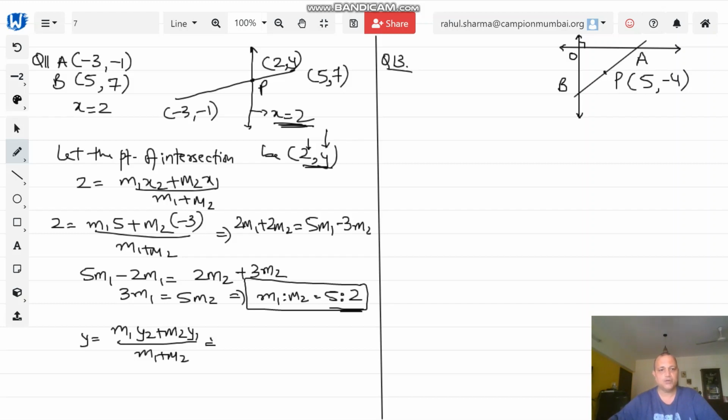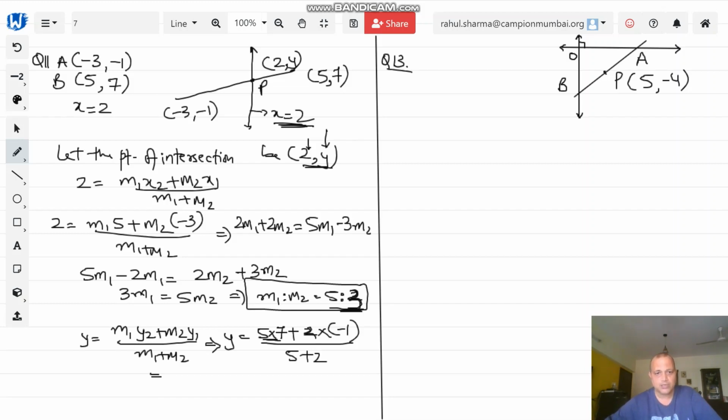Let's substitute, which means y will be equal to m1 is 5, y2 is 7, plus m2 is 3, and y1 is negative 1, upon 5 plus 3. Oh, this is not 2, this is 3. The m1 is to m2 is 5 is to 3. My mistake, I did not write it properly. So this is 5 is to 3.